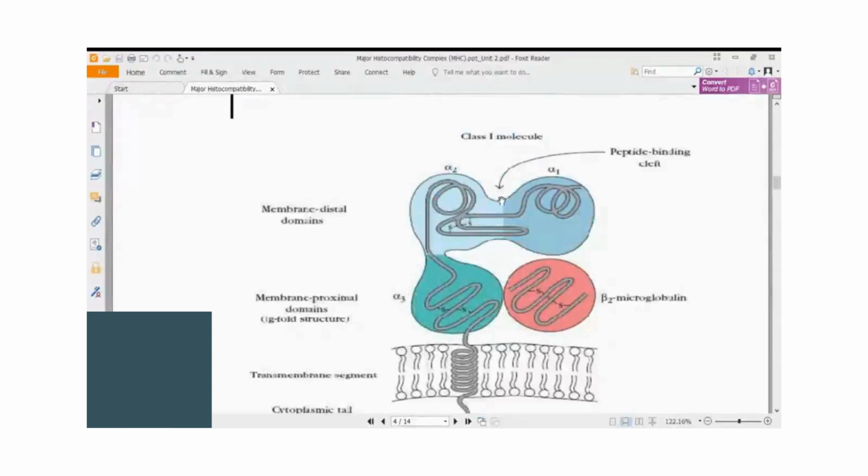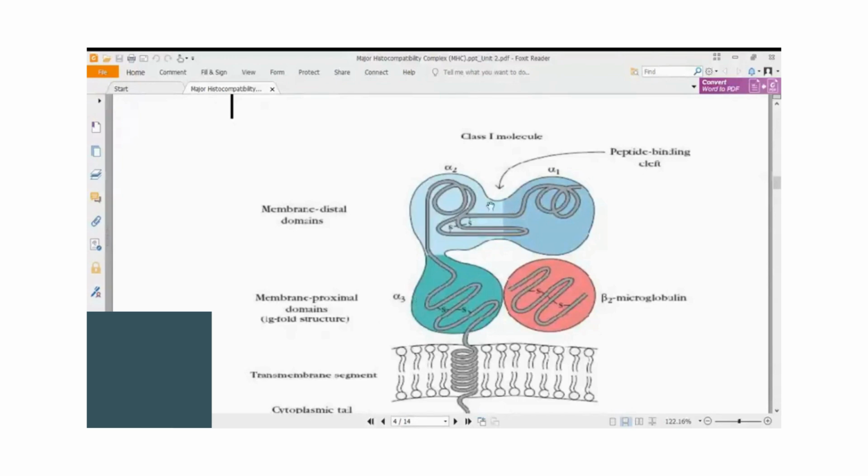When the cleft is engaged with the antigen and the TC cell that recognizes it forms a synapse, the CD8 receptor forms a contact with the alpha 3 domain, and it is a must. Without that, the CD8 cell cannot be activated.